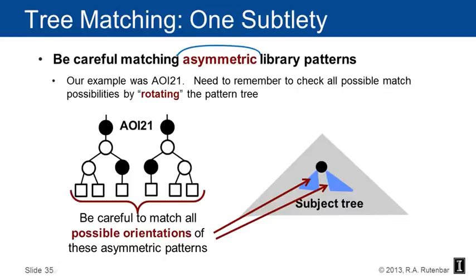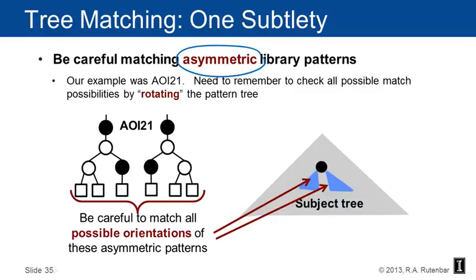Now, the one subtlety I will again remind you of is that you have to be careful with matching asymmetric library patterns. The AND-or-invert gate I'm showing here is asymmetric. It has an inverter on the top and then a NAND gate, but the NAND gate is fed by one inverter and one NAND gate. So it has one side where you can go down and find a white bubble with two children, and another side where you can go down and find a black bubble with one child.